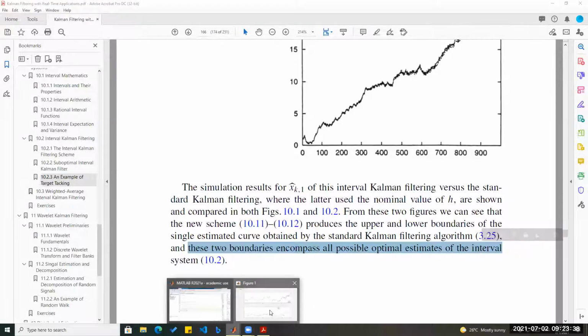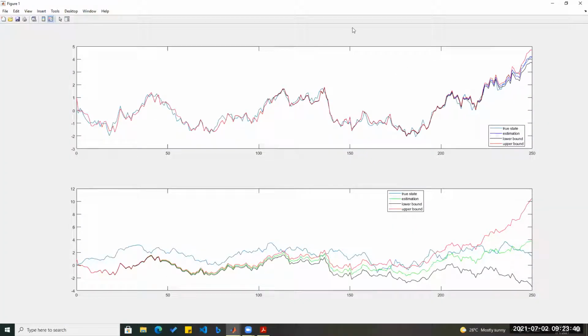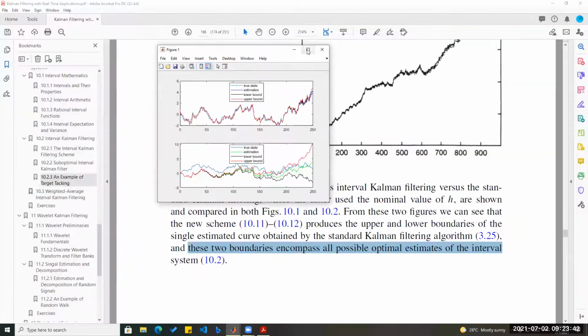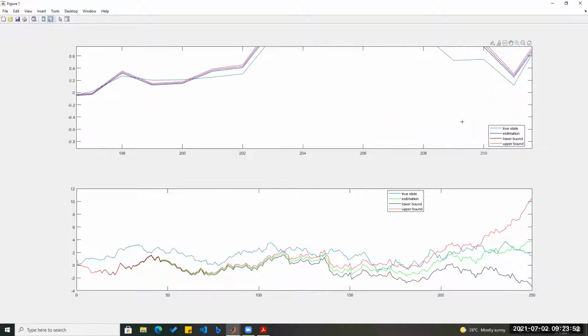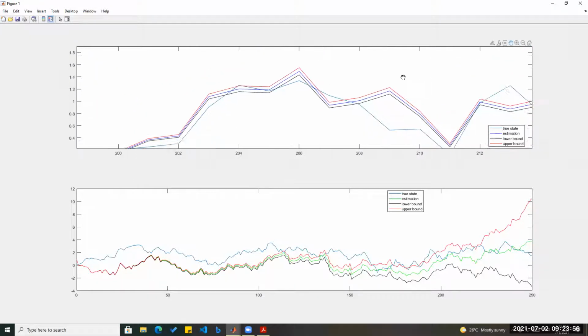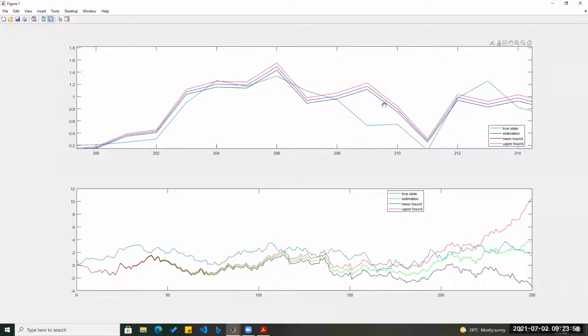Okay, so if I can zoom, let me hide this. Then you can see just between the two. So the black line is the lower bound, the red line is the upper bound. So the estimate is between the lower and upper bound.